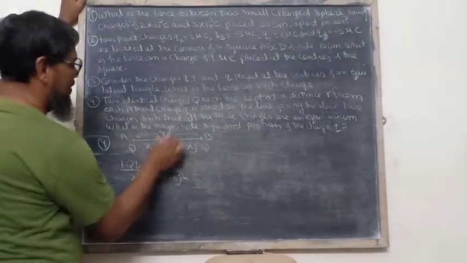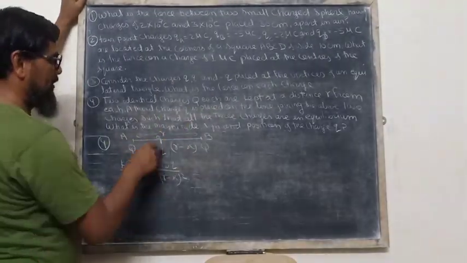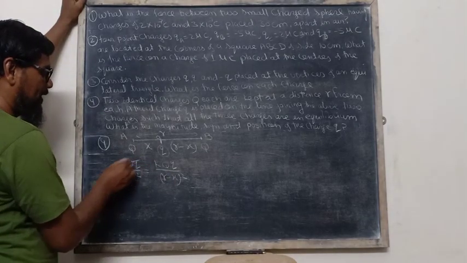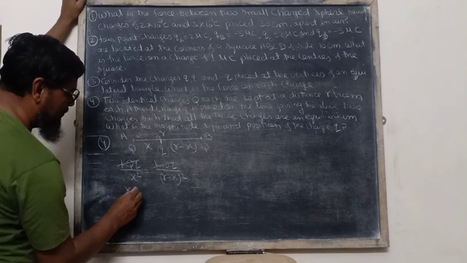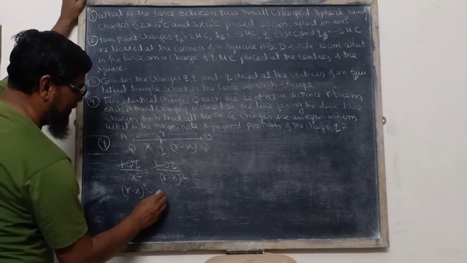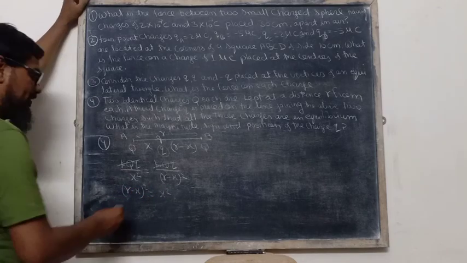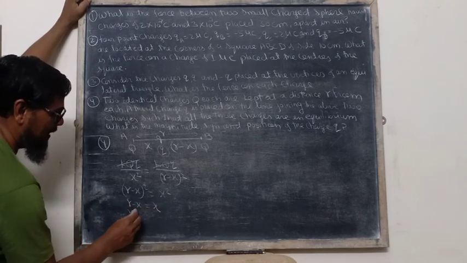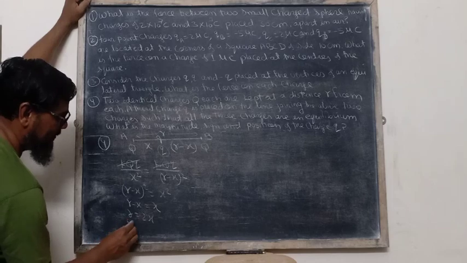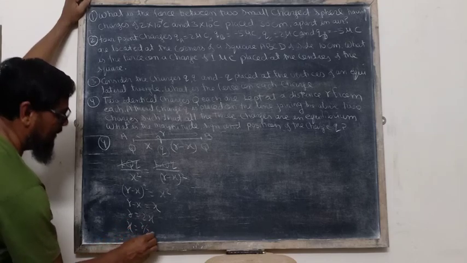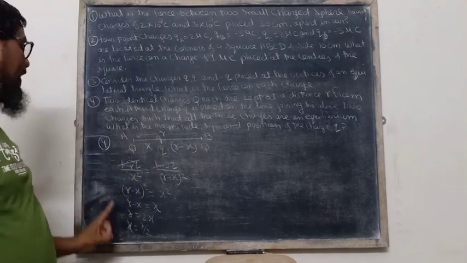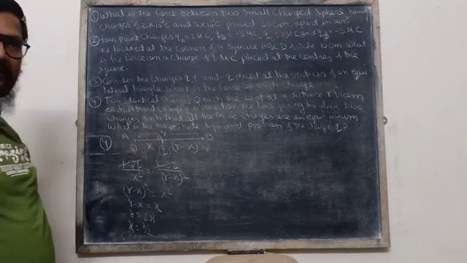Both forces must be in opposite directions so that this charge can be in equilibrium, and KQq can be cancelled out. So r minus x square is equal to x square. Taking square root, r minus x is equal to x. So r is equal to 2x and x is equal to r by 2. The position of the charge q will be at the midpoint of the line joining the two charges.